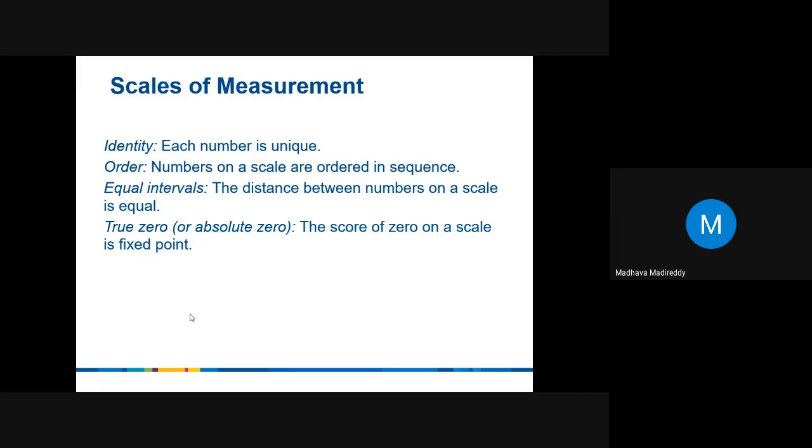For example, on a clock, the distance between any two minute markings is the same. That is equal interval measurement. Then we have true zero or absolute zero, where the score of zero on a scale is a fixed point, and we can measure everything based on that. Those are the fundamental scales of measurement. We need to understand what identity is, that means a unique number, then order in sequence, then the intervals, and the absolute zero point.